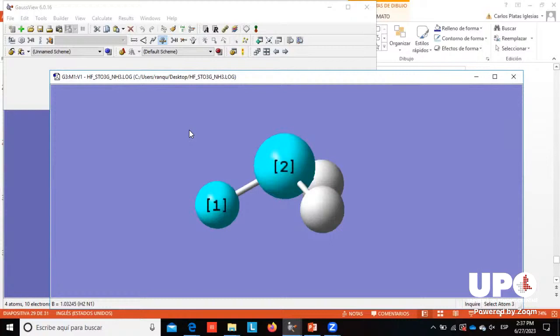So it has increased a lot, or well, significantly, I would say. And so maybe I should write down the distance here. 1.032. And the angle probably has worsened a lot. 104.16.